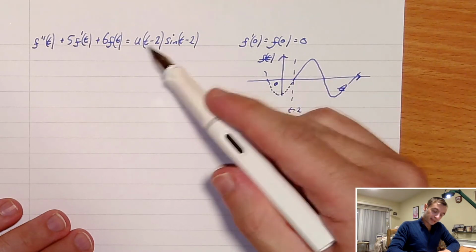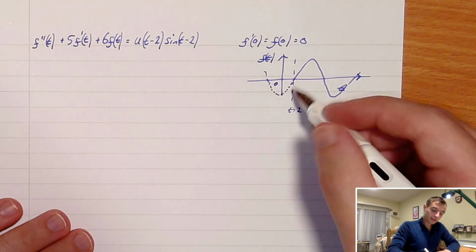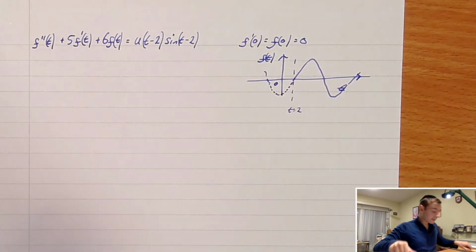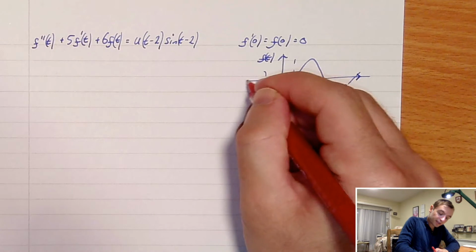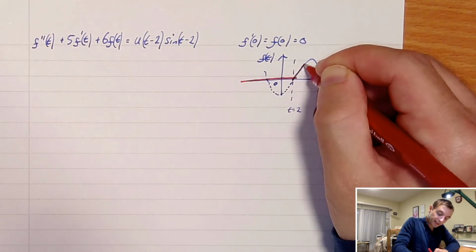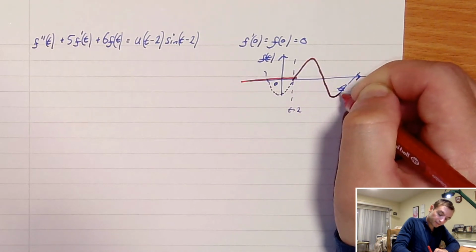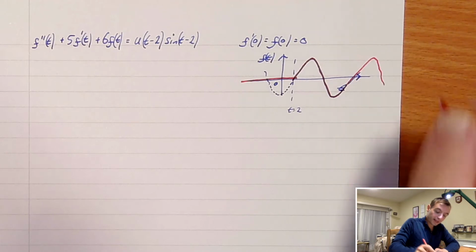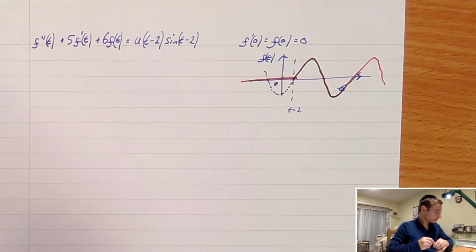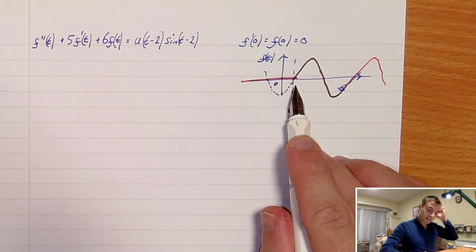And the step input dictates that the function only begins when t equals 2. So the actual step input is going to look something like this. Okay, and it's obviously going to continue. But the point is it only begins over here.